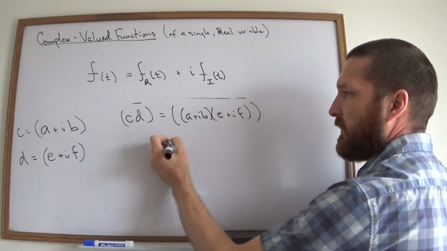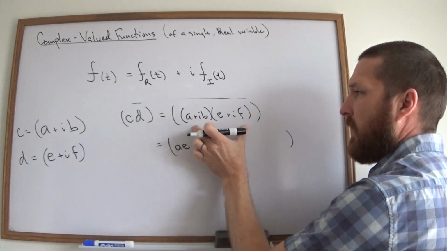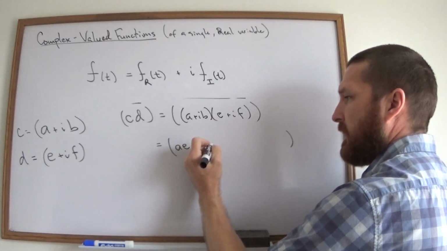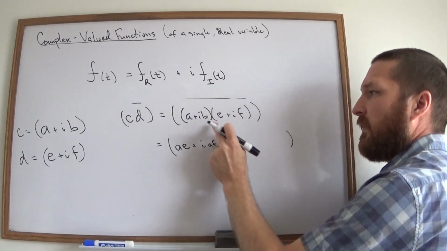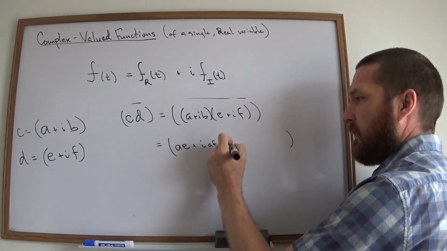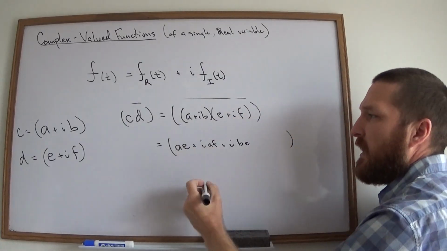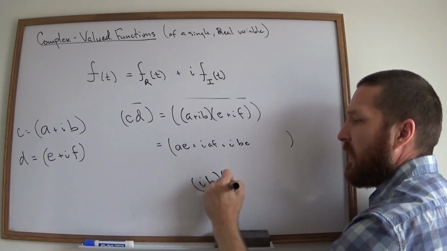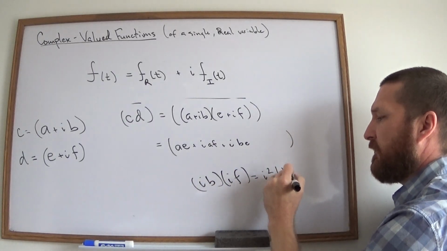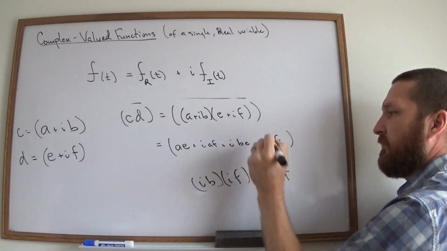Let's multiply it out. We get, first, outer, inner, last: ae, outer is i times af, then the inner gives us i times be, and then the last one is ib times if, which is the same thing as i squared bf. i squared is minus 1, so that should be minus bf right there.